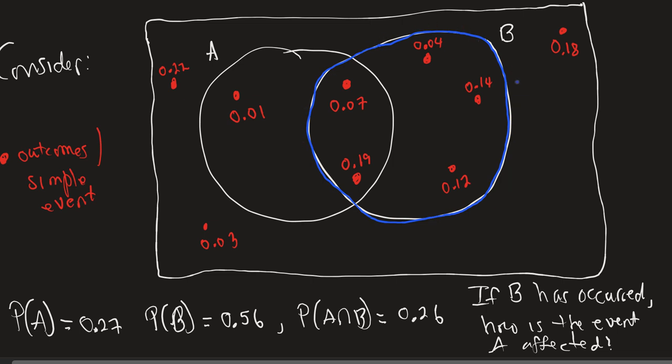So basically, given B, and I'll put it in quotes, it's not really a formal way of saying it, but really this is now my new sample space. It can't be any of the other ones. It has to be the ones inside the blue circle.